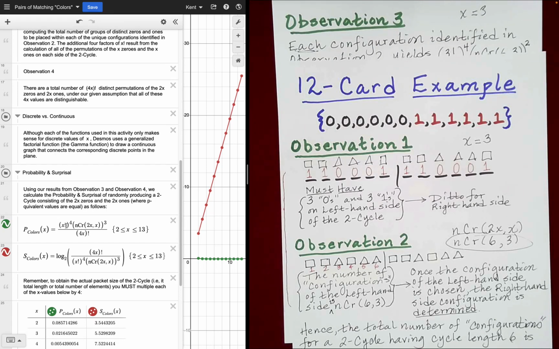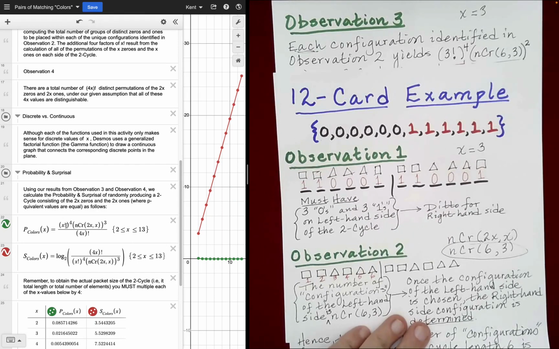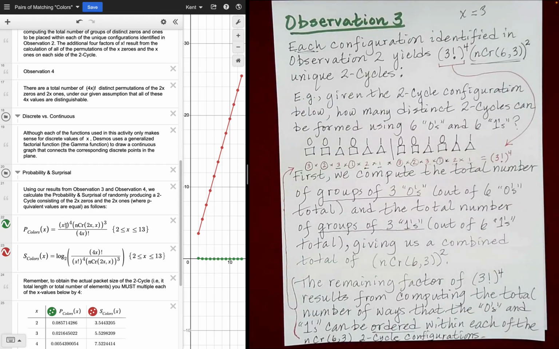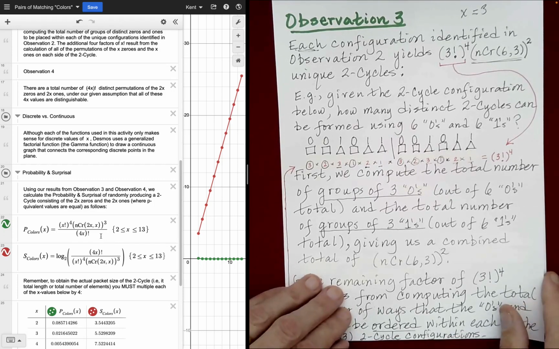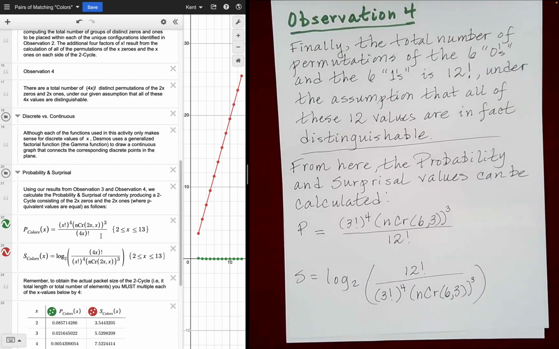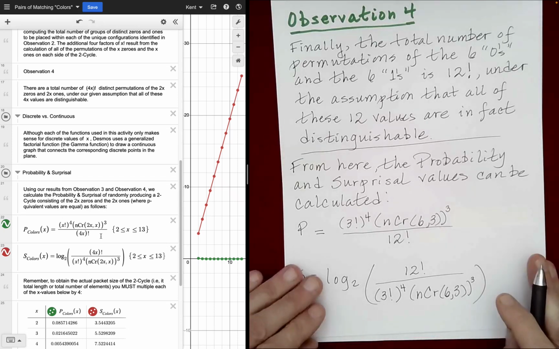Well, how many ways can you order 12 distinct objects? Well, it's 12 factorial. Or in this general case, it's 4x factorial, okay? So this fraction here truly gives you the probability that by chance alone and just mixing the cards that we would actually get a 2-cycle structure, okay?